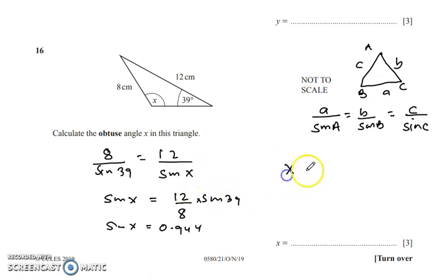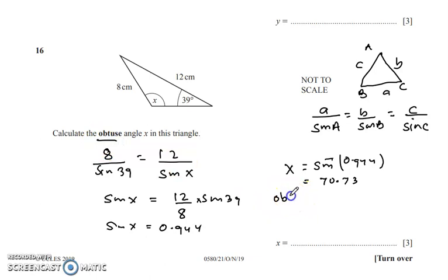So I am writing here x is equal to sine inverse of 0.944, which is 70.73. Now they're asking to find the obtuse angle.